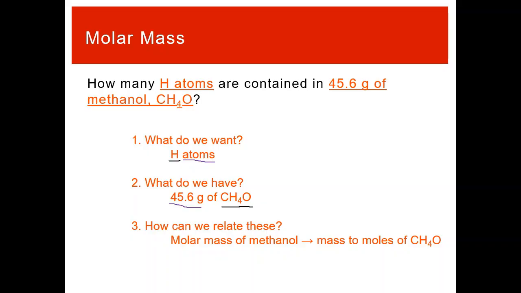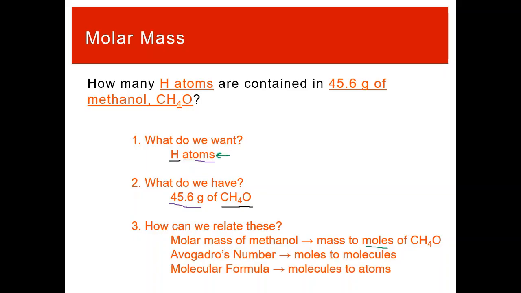So molar mass of methanol is definitely going to be one of the things we want to compute to go from mass to moles. Avogadro's number is going to let us go from that moles count to the individual total count that we're after, actual objects. And finally, molecular formula is going to let us change how we are counting those two things.